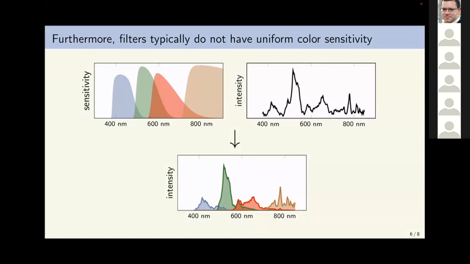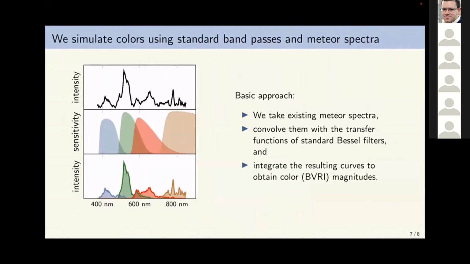So I decided to use the standard Bessel filter functions, B, V, R and I, which are shown here. Those don't have a constant sensitivity within a range. It's a sort of function which you have to then convolve with your meteor spectrum to derive color magnitudes. And so that's basically my approach.